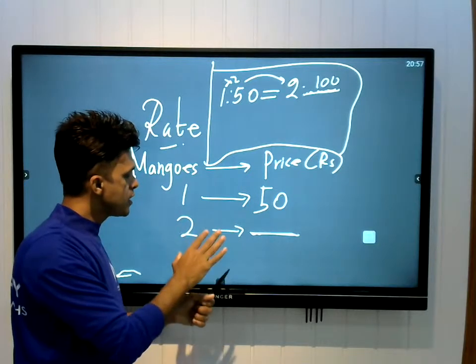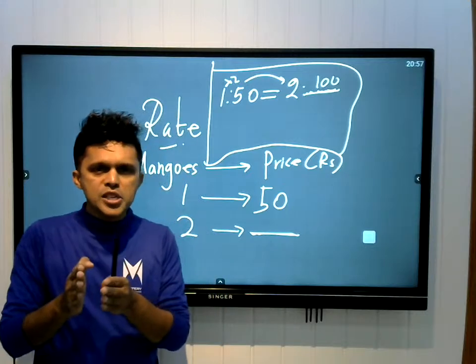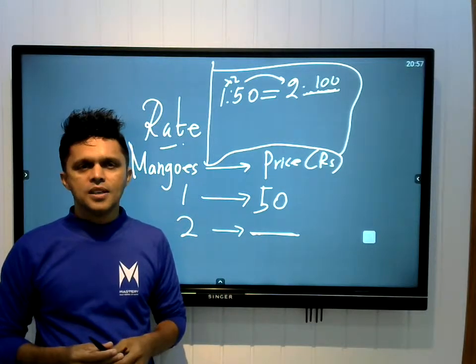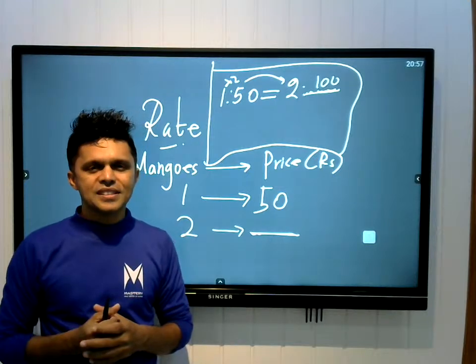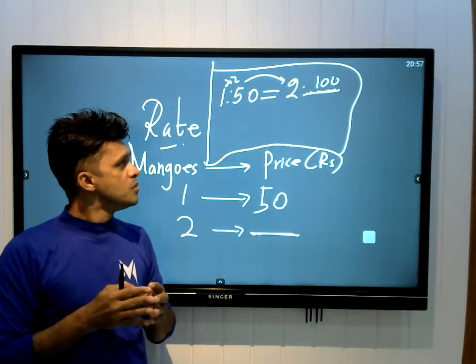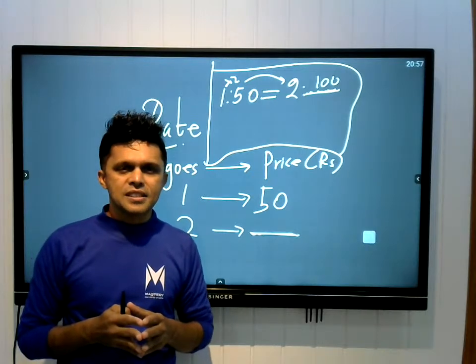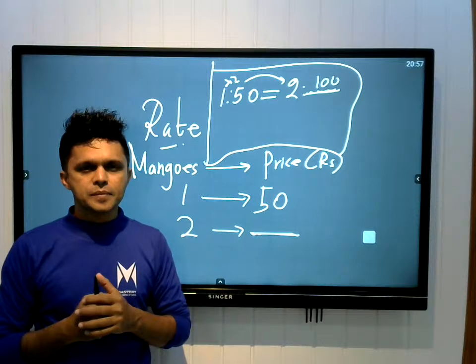We can get the price of two mangoes using the knowledge of ratio. So this is the way of writing a ratio, especially equivalent ratios.